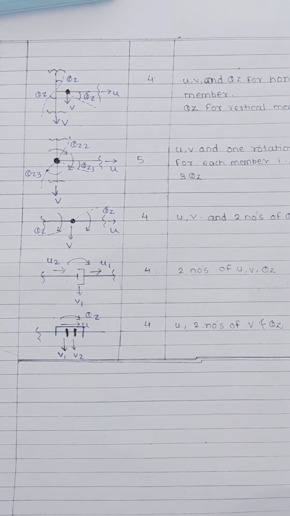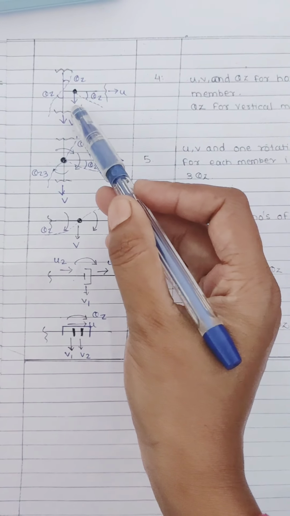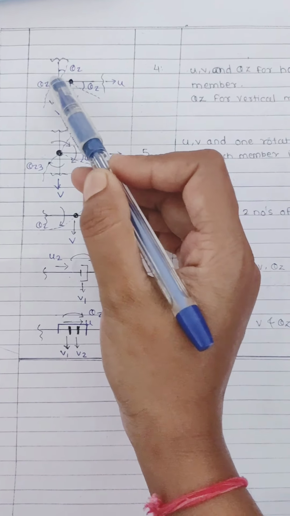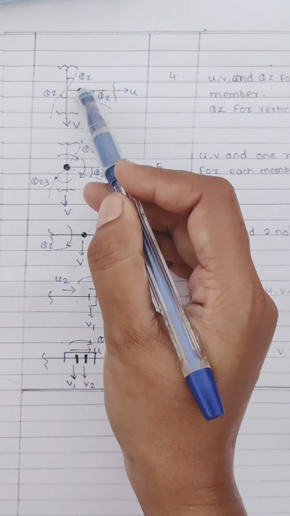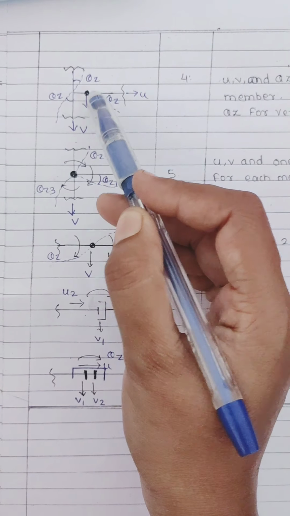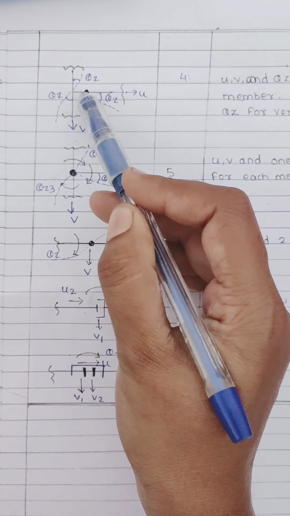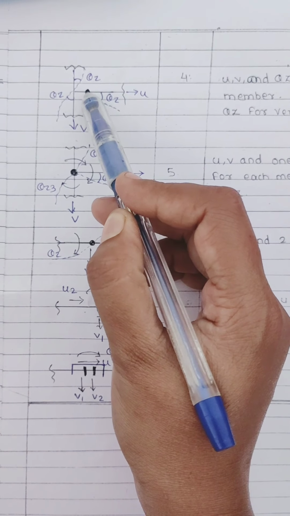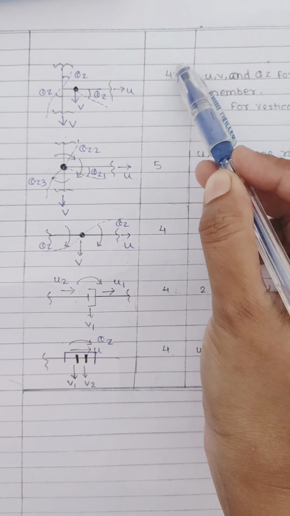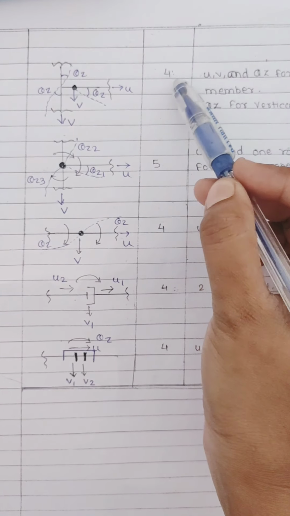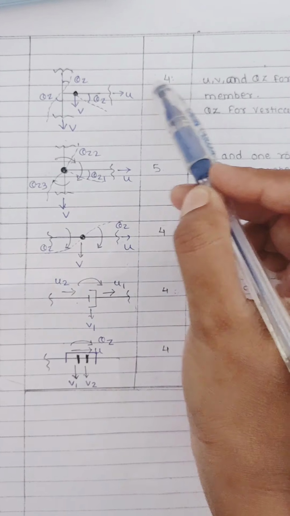Again for portal frame, that is at particular joint, suppose in horizontal member there is an internal hinge, then the number of displacements or number of degree of freedom that is equal to 4. Why it is so?